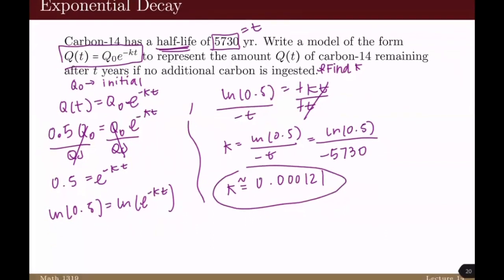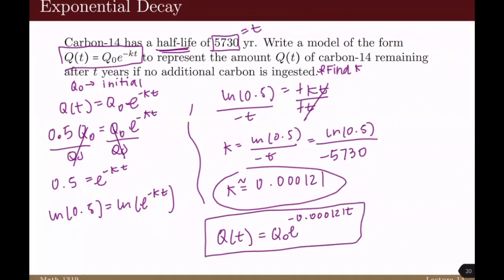Lastly, we essentially just rewrite our formula using this k, and that's going to be your solution. So you'll have Q of t is Q naught times e to the negative 0.000121t. And that is a complicated problem, but now you have seen how to solve it.